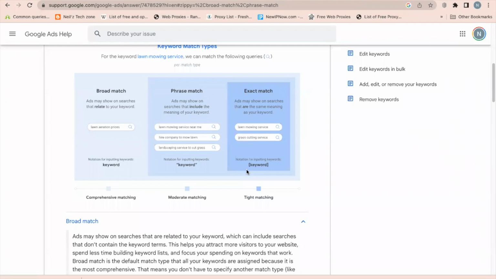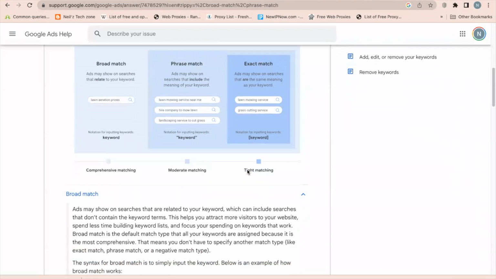And that is why the bid, if you remember last time I told you, there are keyword level bids as well. The bid for the same keyword on exact match will be higher, on phrase match a little bit less, and on broad match still lesser, because exact match is more relevant. Companies similar to your client will be bidding more heavily on exact match, so the competition will be more.